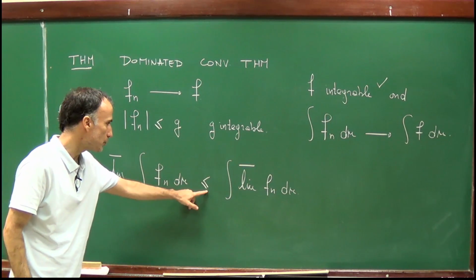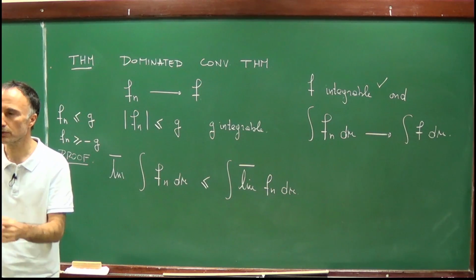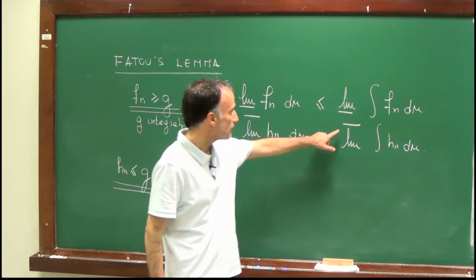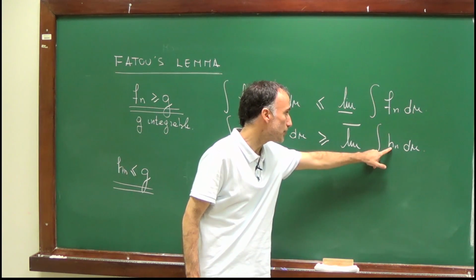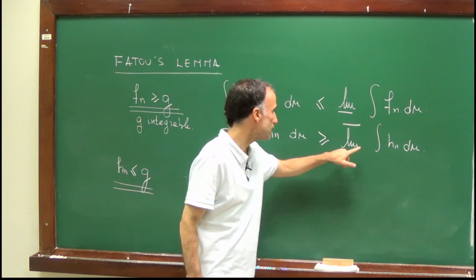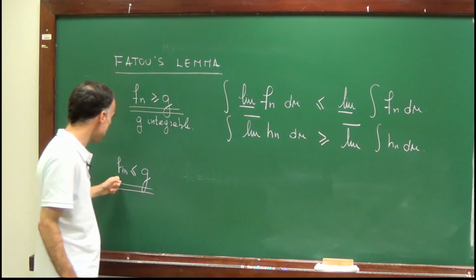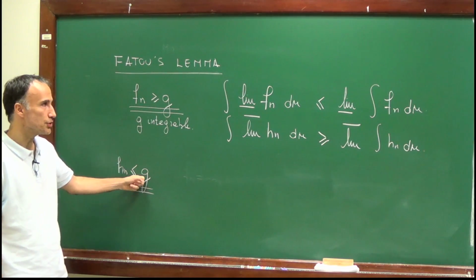Let me just recall that here we are using Fatou. So let's go back to the previous board. In this first step, I'm using the limit sup of fn, which is now replaced here by hn. The integral of the limit sup of fn is greater than or equal to the limit sup of the integrals, because fn is less than or equal to a function g.